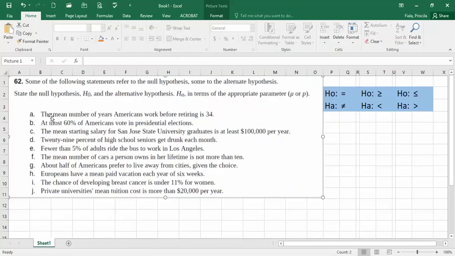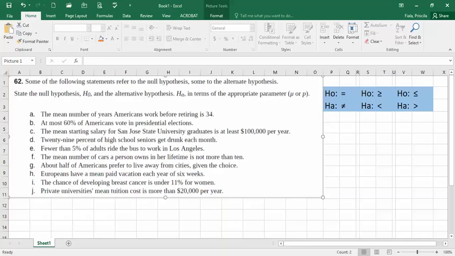So it states the null hypothesis, represented by H0, and the alternative hypothesis, represented by HA, in terms of the appropriate parameter of mean or proportion. In chapter 9 we're going to be working with a single mean and a single proportion. So right here it's talking about the mean.